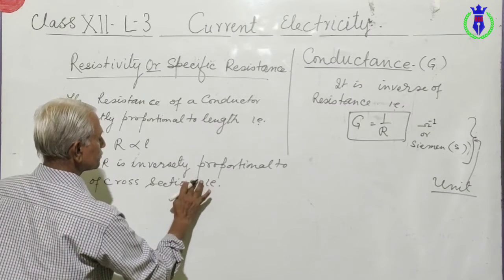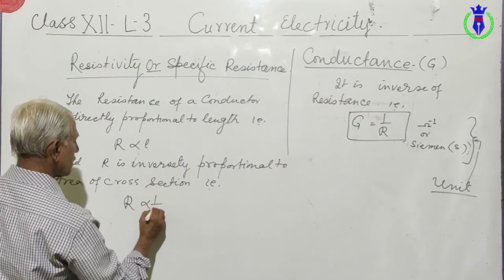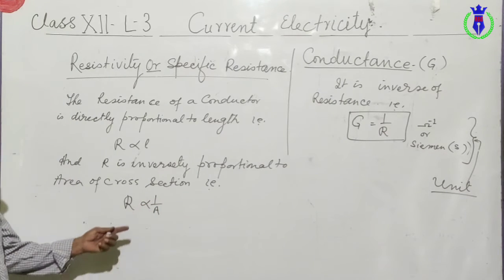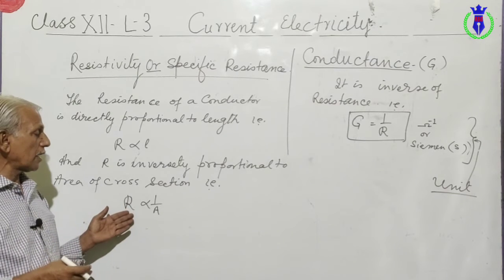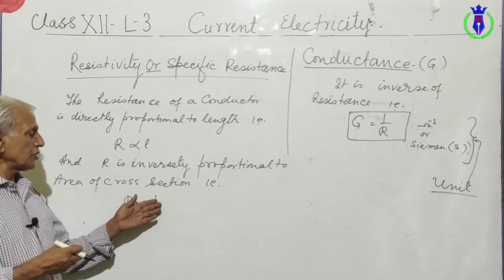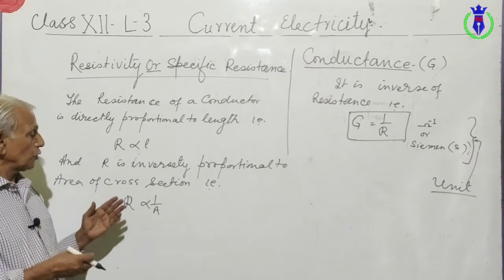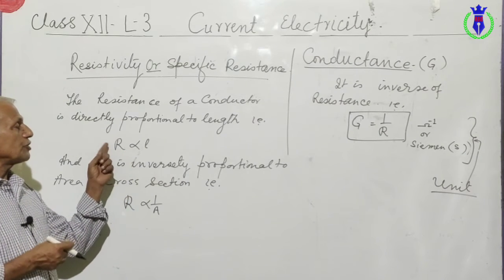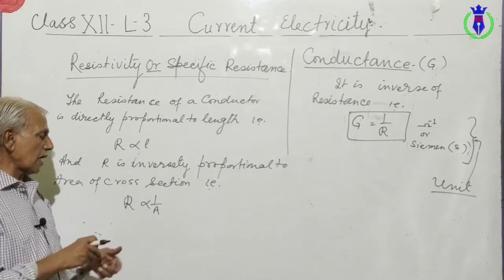That is R is proportional to 1 upon A. If area is doubled, the resistance is halved, आधा हो जाएगा. If it is 3 times, then it becomes 1/3. So resistance is directly proportional to the length and it is inversely proportional to the area.